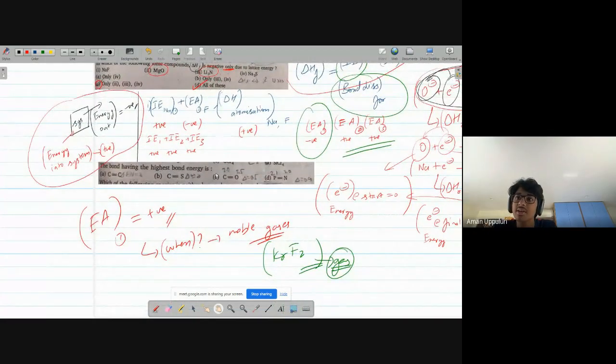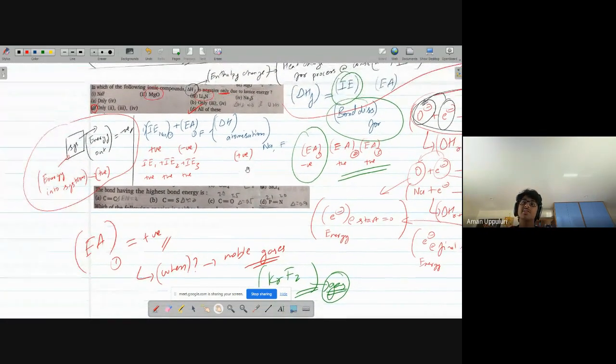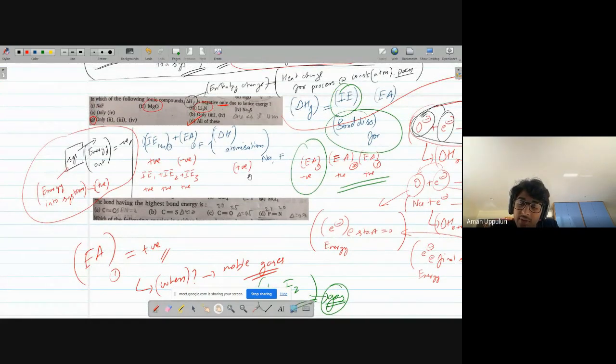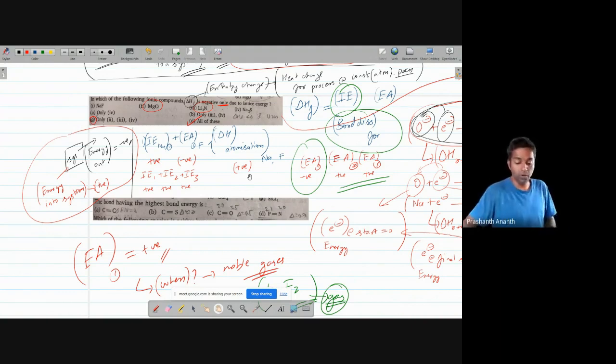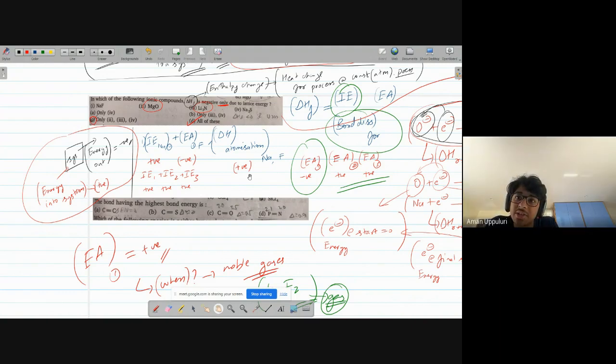Here, can you say anything like lattice energy is directly proportional to the product of charges? What do you want to compare here? In the first case, the product would be 1, second case would be 4, like that.